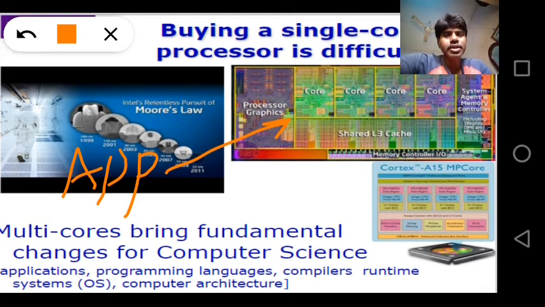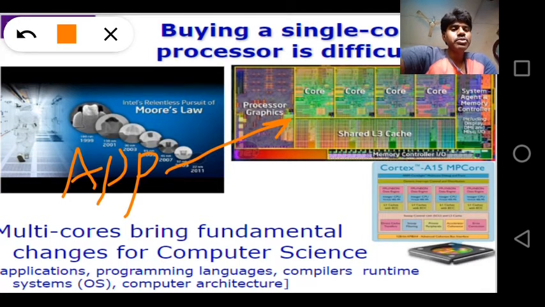So you have to design or develop an application according to the multi-core processor. Next, I have some programming languages. These programming languages are especially designed so that the instructions can be executed by a multi-core processor. Android is one such example of a mobile operating system which is developed keeping multi-core processors in view.